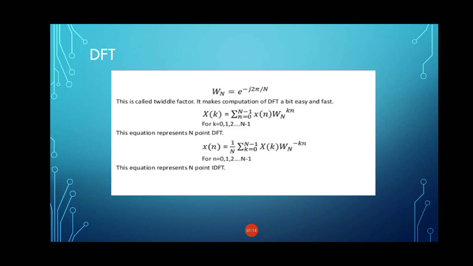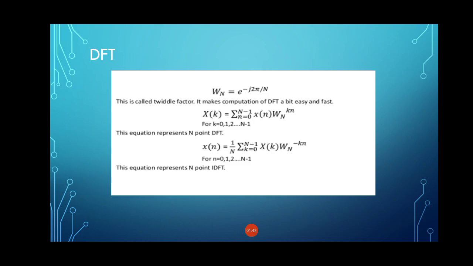Now, if you come back here and see the formula for DFT, the symbolic representation of DFT is X of k equal to summation n going from 0 to capital N minus 1, x of n W_N to the power kn.